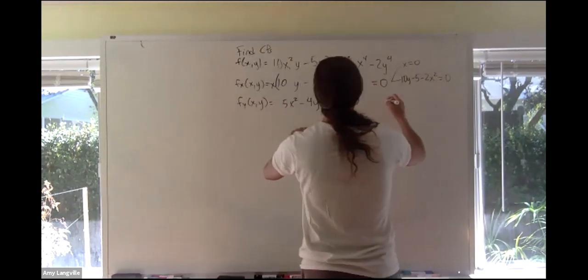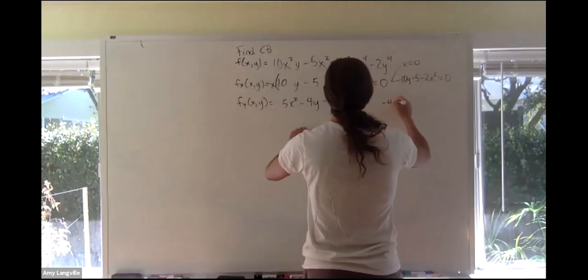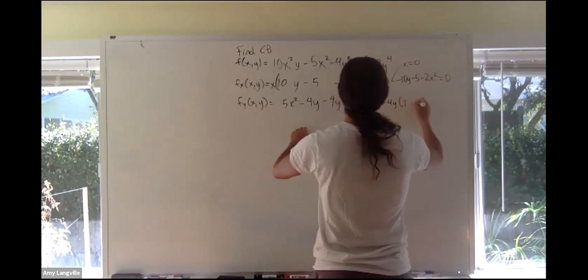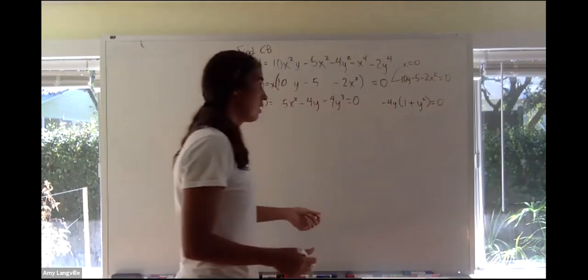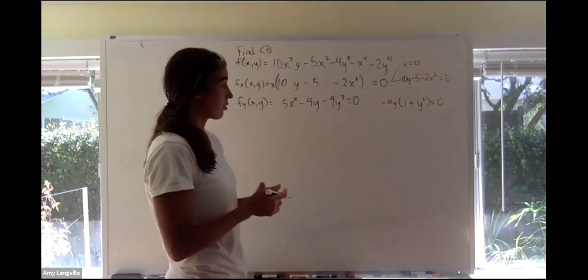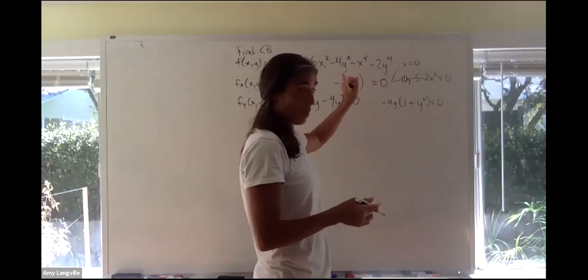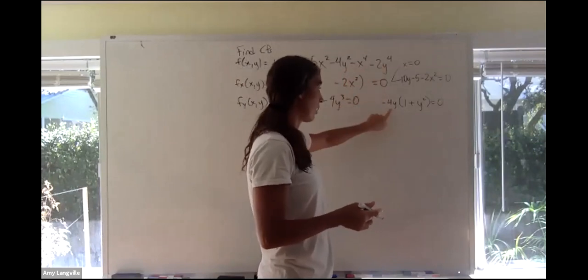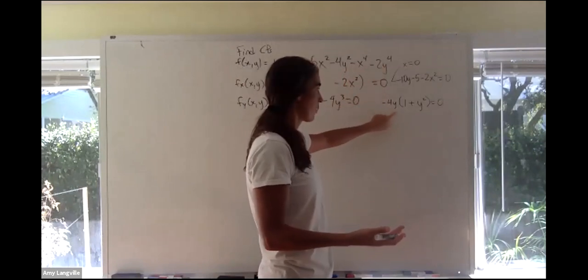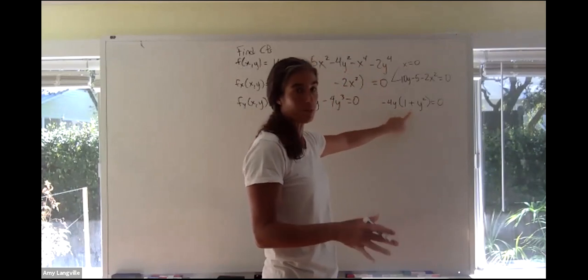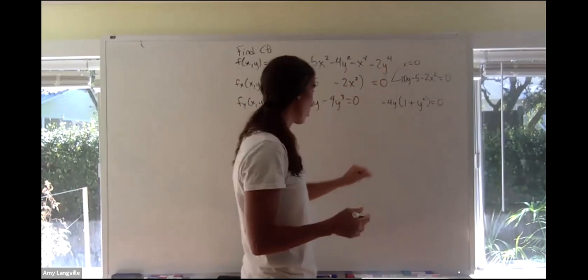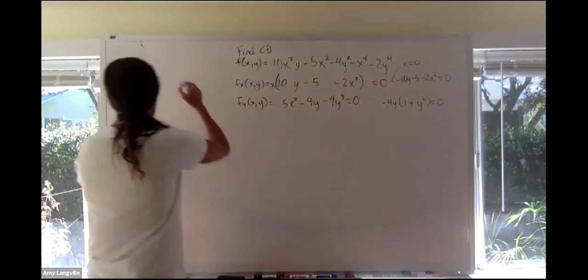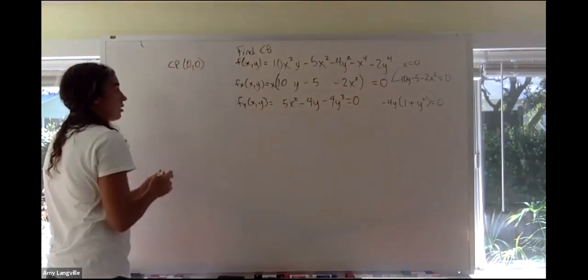So we can factor out minus 4y, and we're left with 1 plus y squared equals 0. Now we can solve that. First thing we see is y is 0. The second factor doesn't give us any real roots, so we're not interested in those. So we do get one critical point, our first one, the critical point 0, 0.